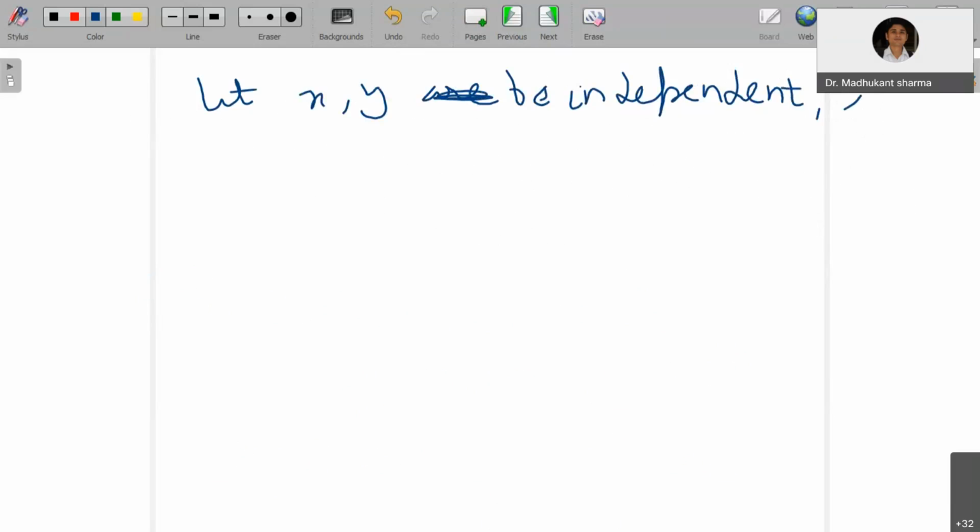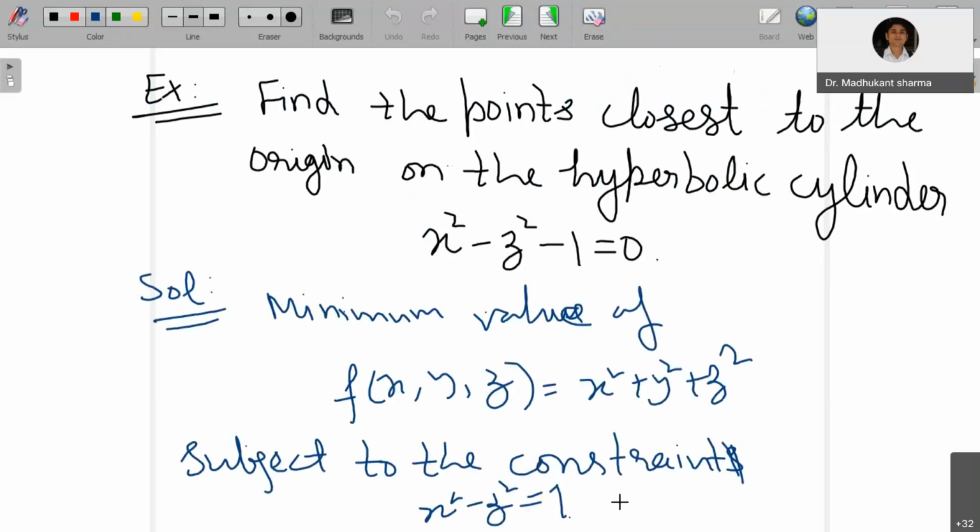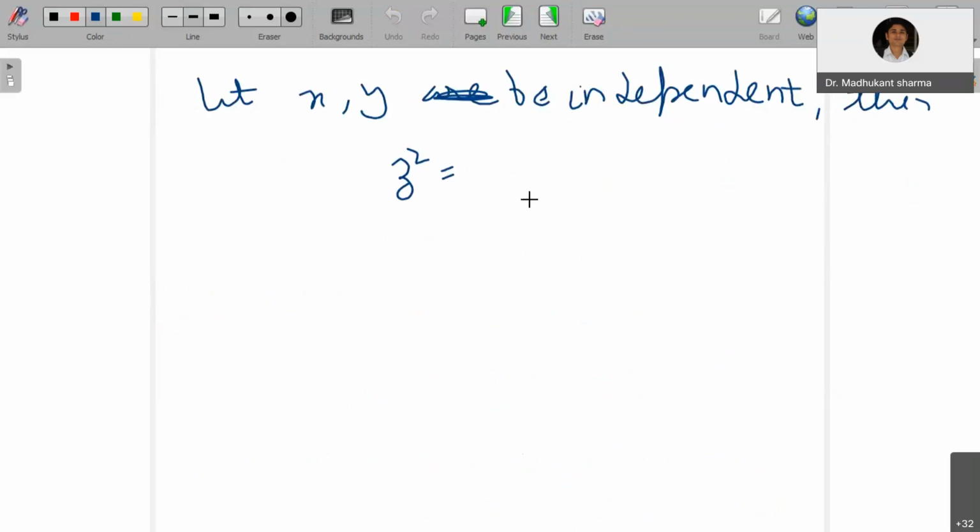Then from the equation of the cylinder, this is 1, this is 2, from 2 you will have z squared equals x squared minus 1. So from that you can express z in terms of this.